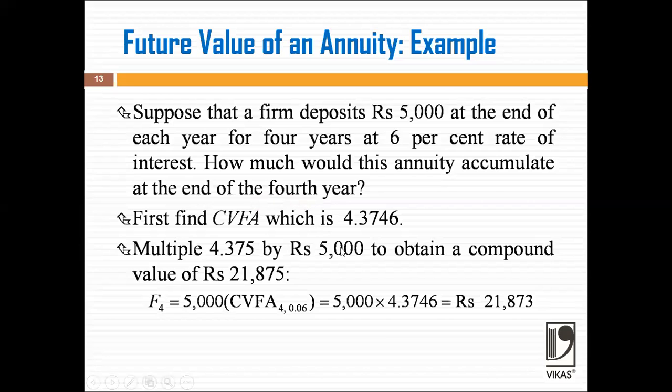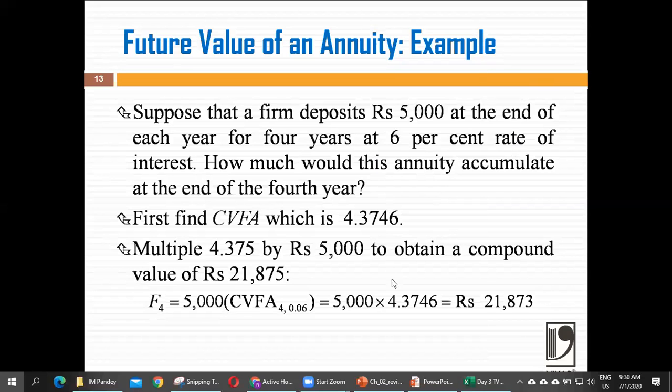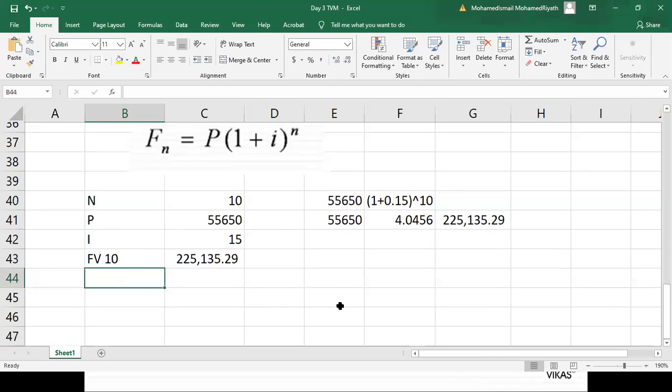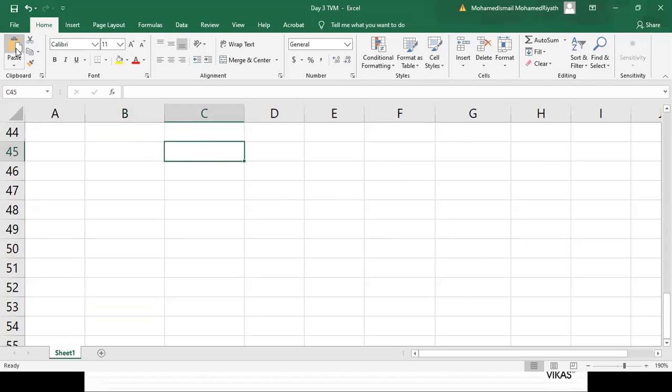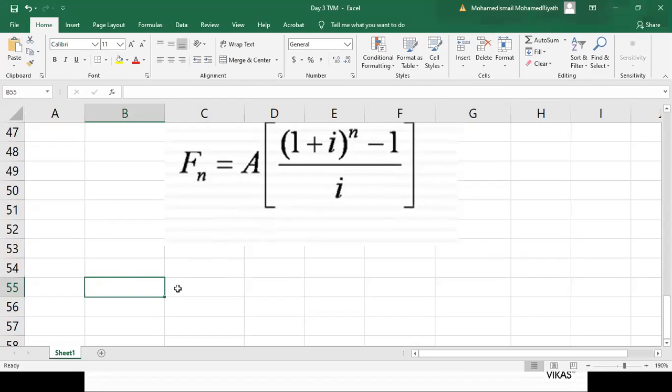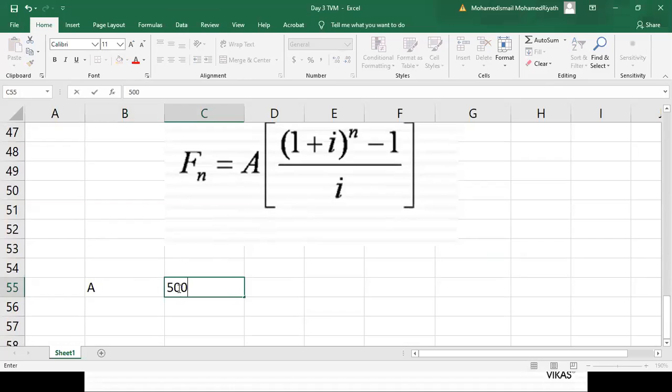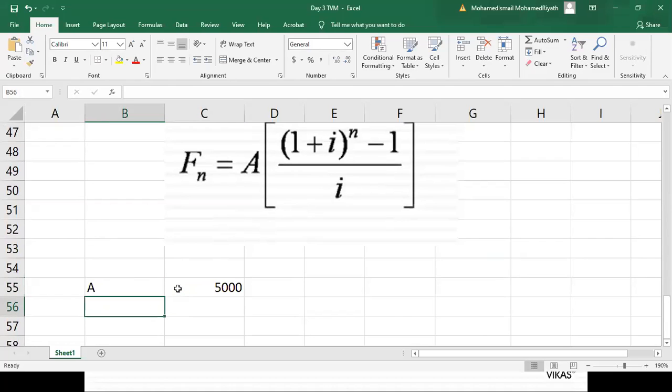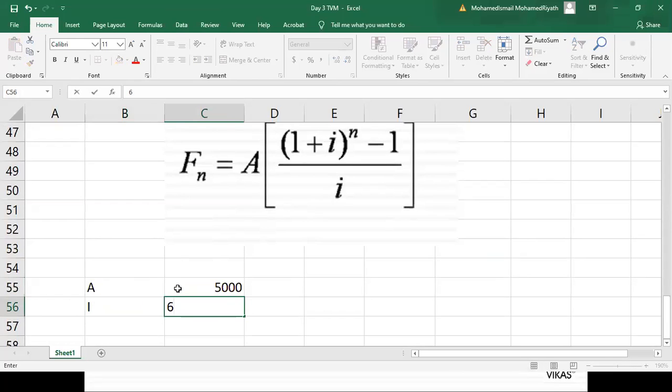Now we will calculate the annuity, right? 5,000, 4 years, 6%. Yes, annuity. Every year he deposits 5,000. Rate of interest is 6%.